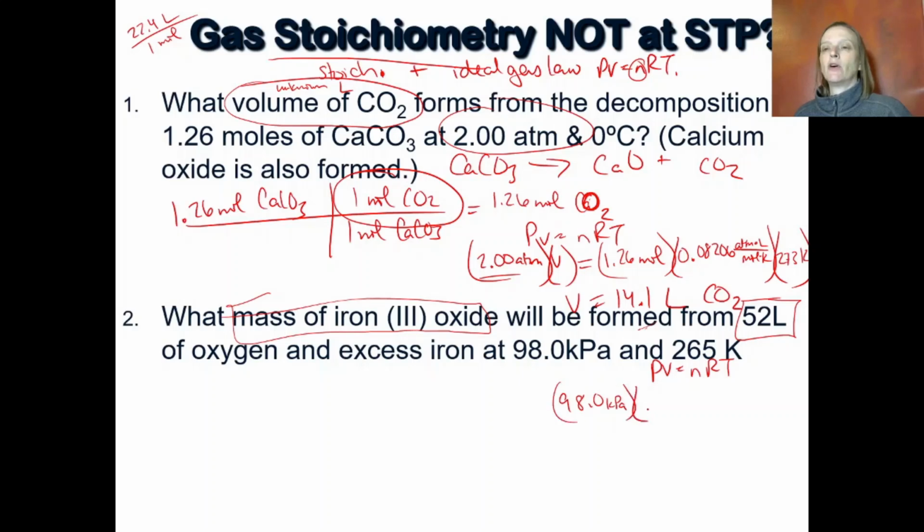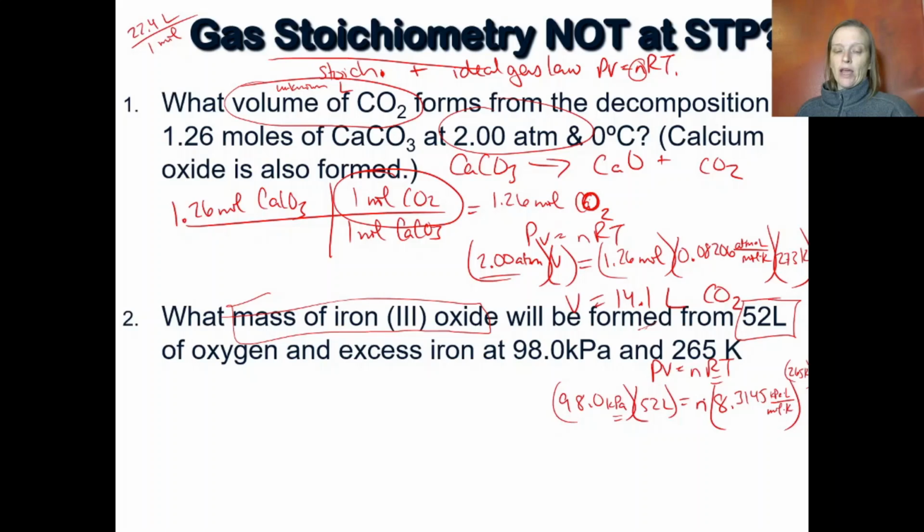I know my volume is 52 liters. I don't know my n value. I have to choose an R that's appropriate for kilopascals. So I'm going to use 8.3145 kilopascals liters per mole Kelvin. And my temperature value is 265 K.